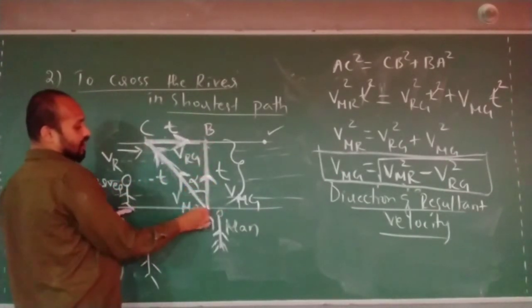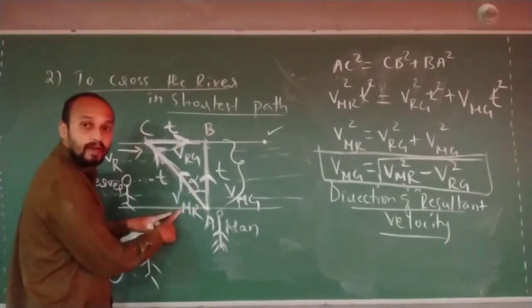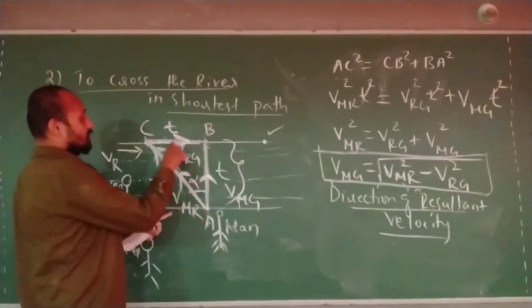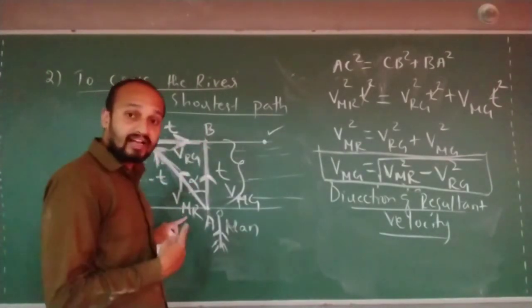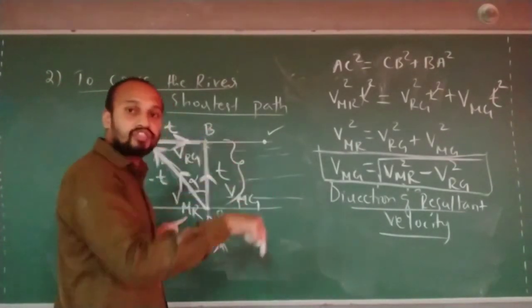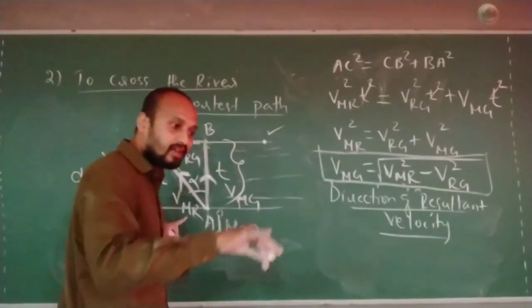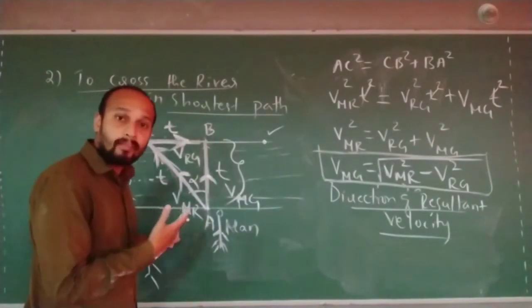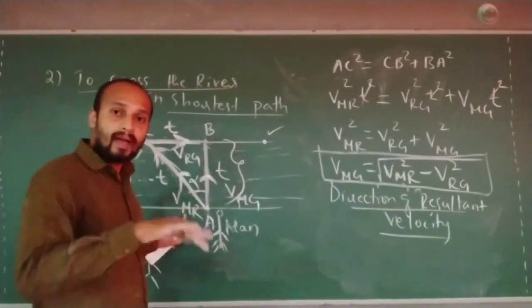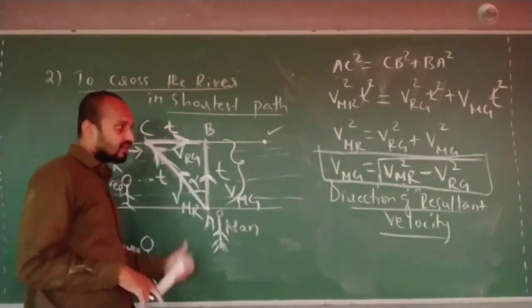Here, if you know velocity of a man with respect to river, if you know velocity of a river with respect to ground, velocity of a man, that is swimmer who is swimming in still water. Some books will give velocity of a man in water. Velocity of a man in water means we have to consider this.